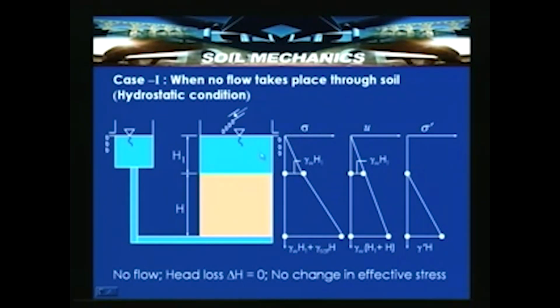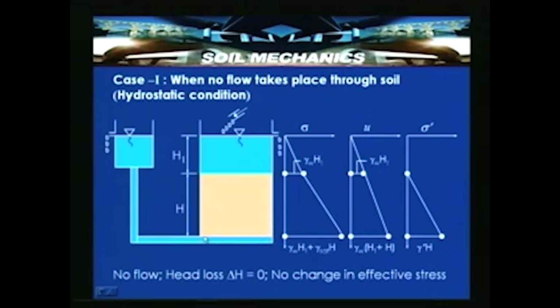So, the total stress variation with depth can be given as follows. At the top surface where the water surface is there, at atmospheric pressure, the pressure is equal to 0. At this point it is gamma W H1, that is the water pressure here is gamma W H1.